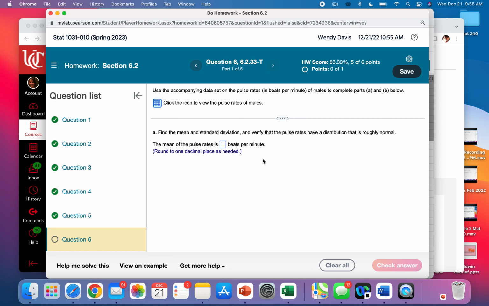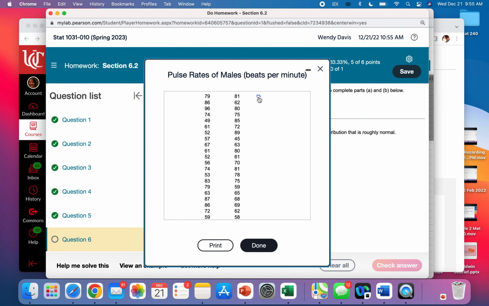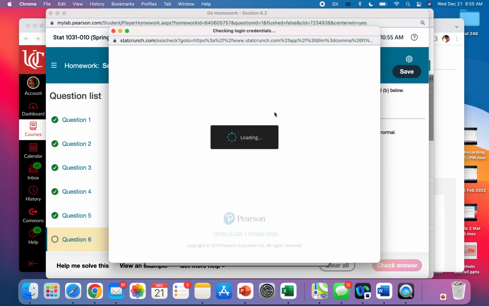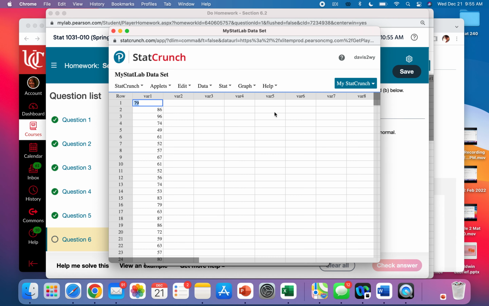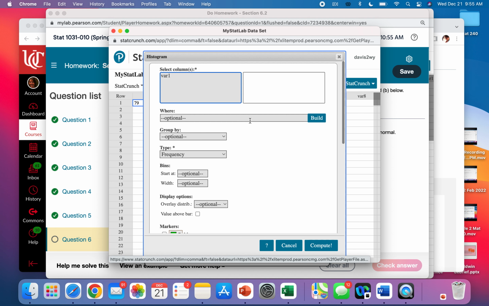Verify that they have a distribution that's normally distributed. I should have read the whole question. I could have had this done. Open in StatCrunch. So we want to graph a histogram of variable 1.